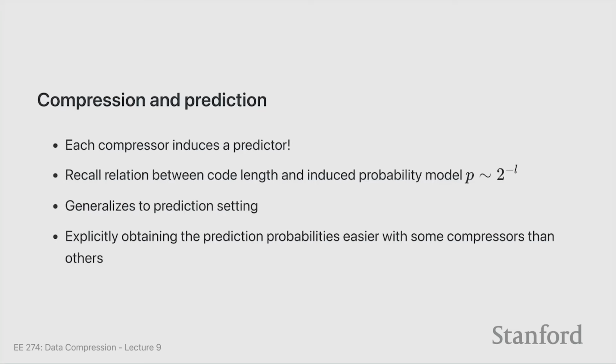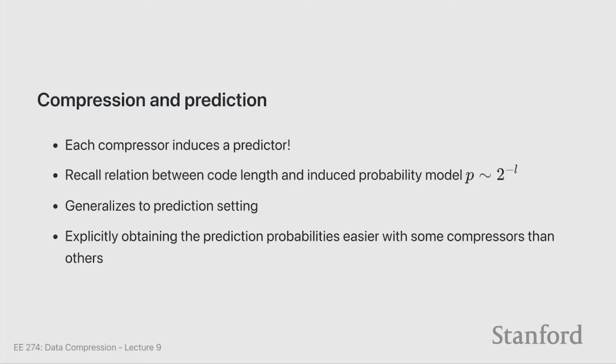There is the opposite angle also. Not only does every predictor give you a compressor, actually every compressor gives you a predictor. This is a bit trickier, but it is true.